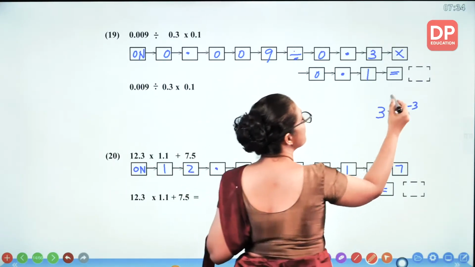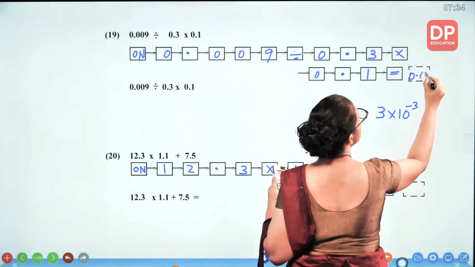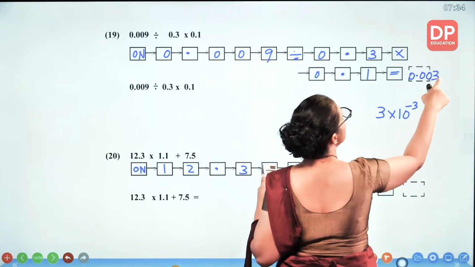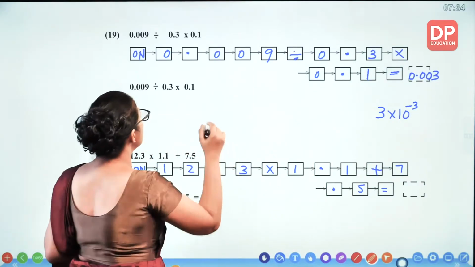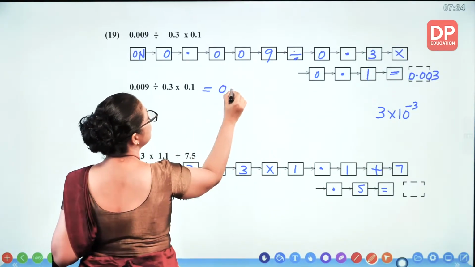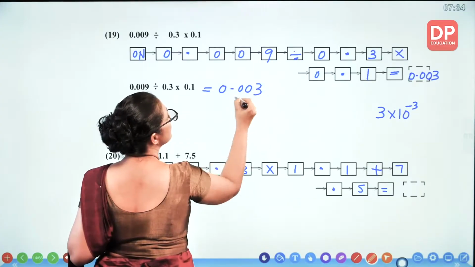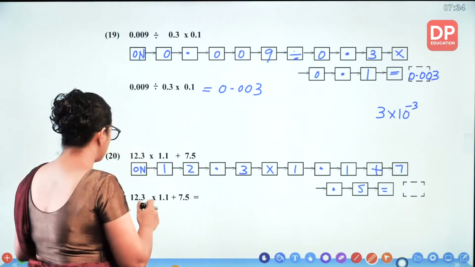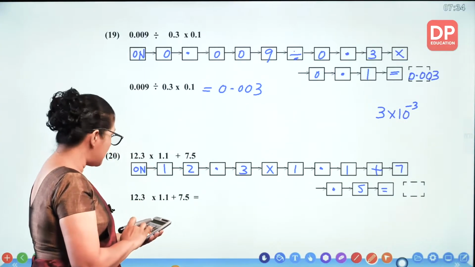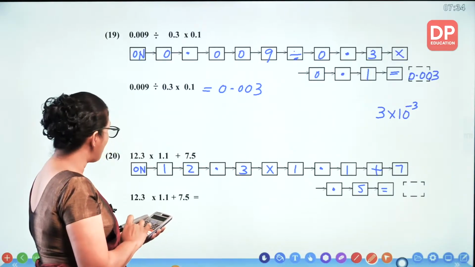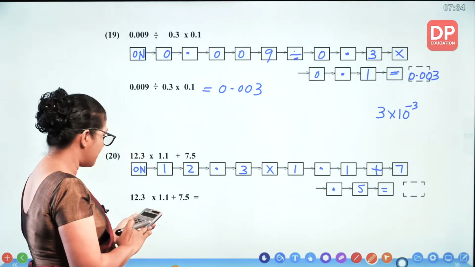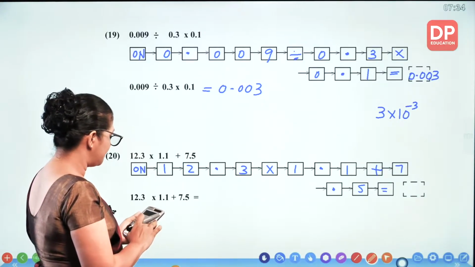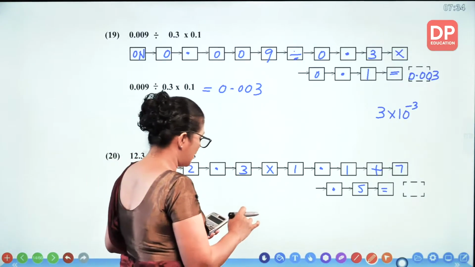What's that? 0.003, 3 places to the left. So 0.003. This one, 12.3 multiplied by 1.1 plus 7.5, is 21.03.